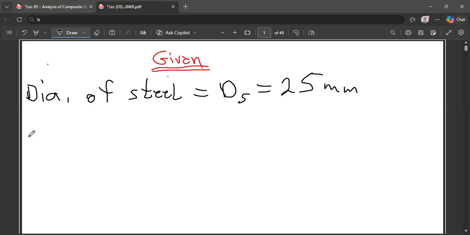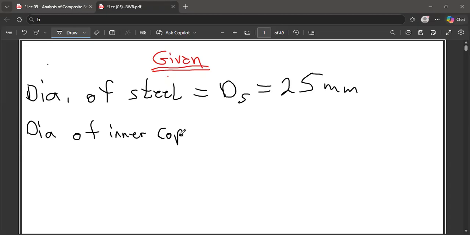A compound bar consists of a circular rod of steel of 25 mm diameter rigidly fixed into a copper tube of internal diameter. So let's write that this is the inner diameter of the copper tube.